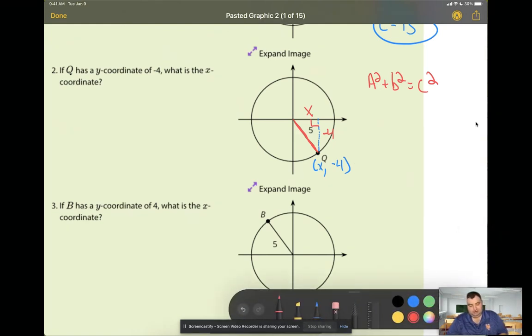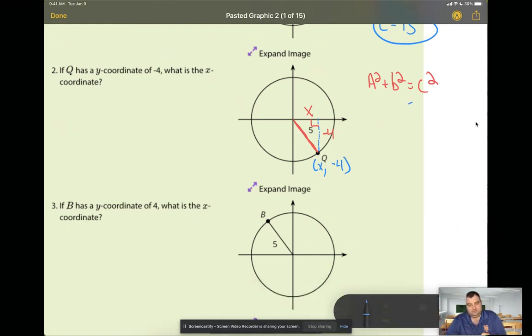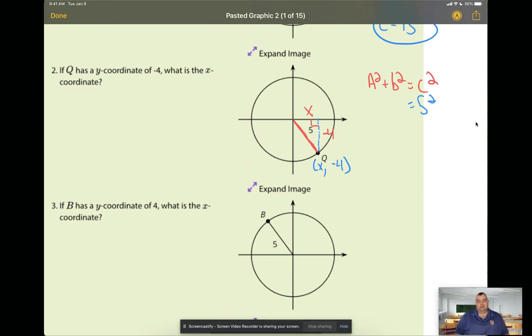So when I plug in, the 5 has to be c, and then negative 4 will be a or b, and x will be the other. So it will look something like this: x squared plus negative 4 squared equals 5 squared.